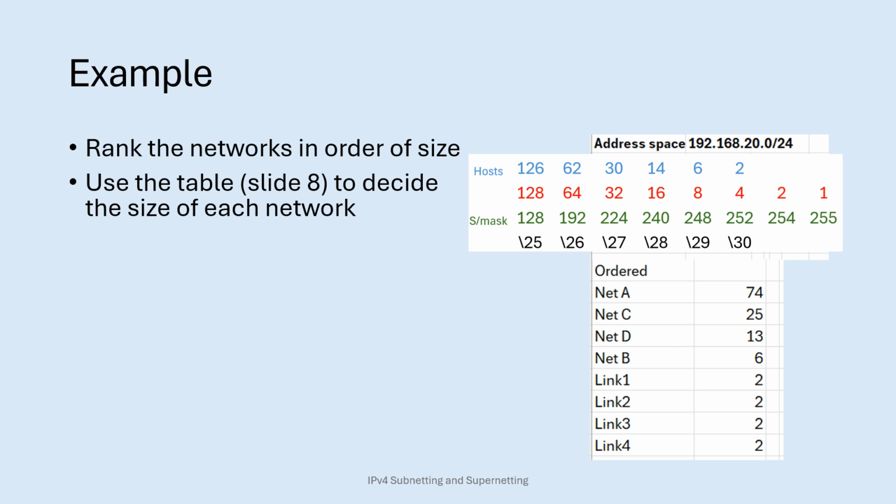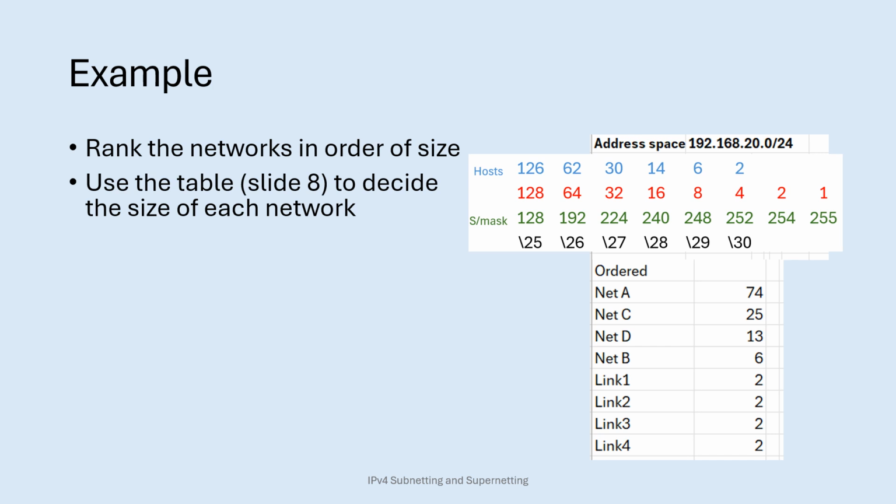So in my first example, network A needs 74 hosts. If I look at the table, I'm looking at the blue line. So I want the smallest blue number that is larger than 74. So in this case, it would be /25. For network C, which has 25 hosts, I can use /27, and so on.